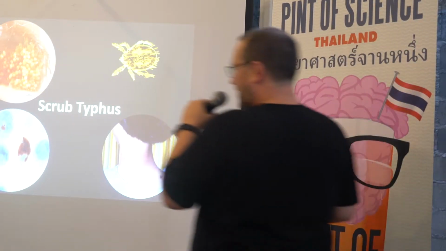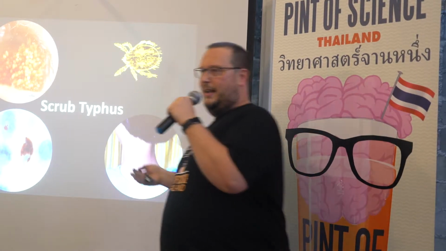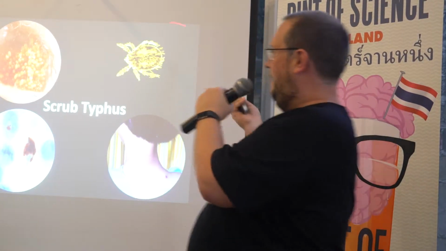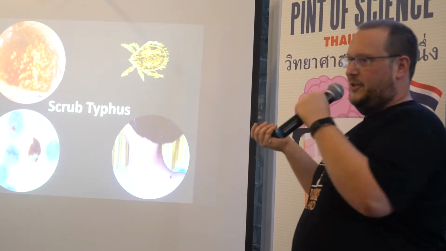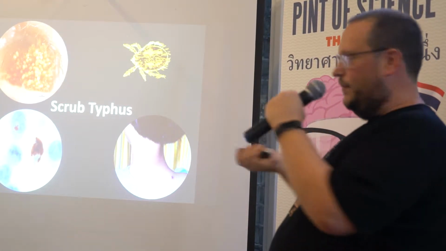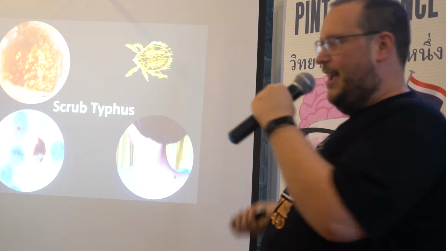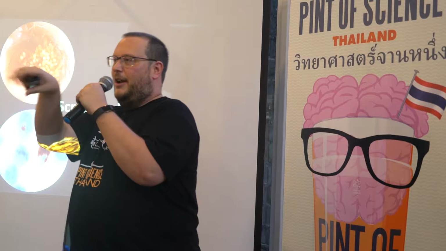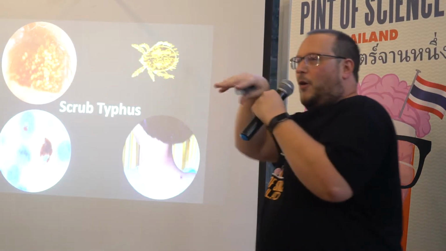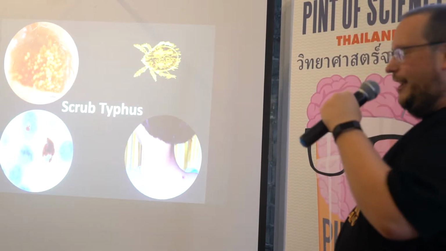And these little bacteria are transmitted by these little mites down here. These little mites live inside your skin once you're infected, in these clusters. And when they feed, they stick little bacteria on you that then go into your body and make you really sick.